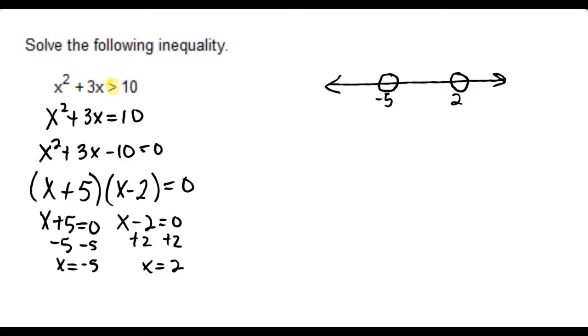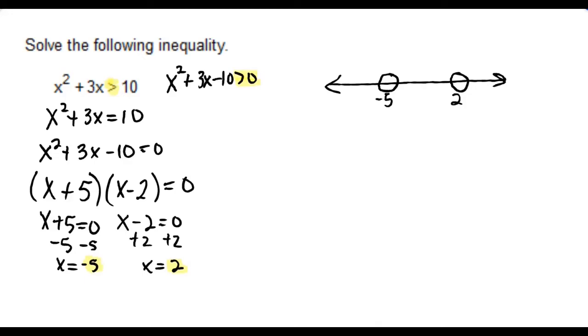So we're actually going to rewrite this as well. X squared plus 3x minus 10 is greater than 0. So we're looking for when this expression is greater than 0, and these two values that we came up with make the expression equal 0. So we're not going to include them in our solution set.